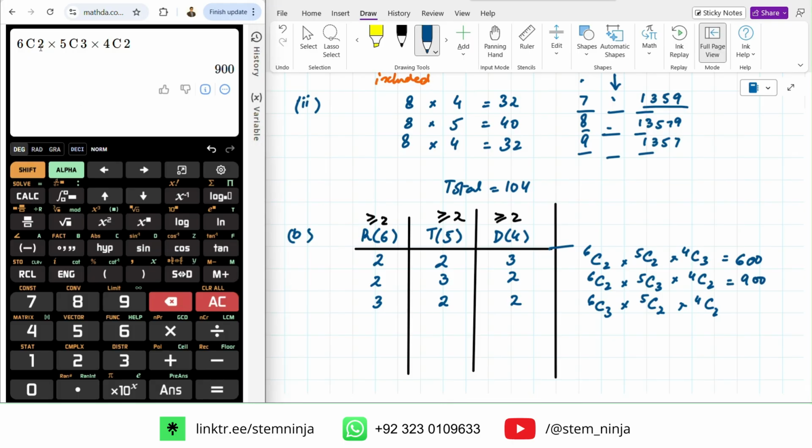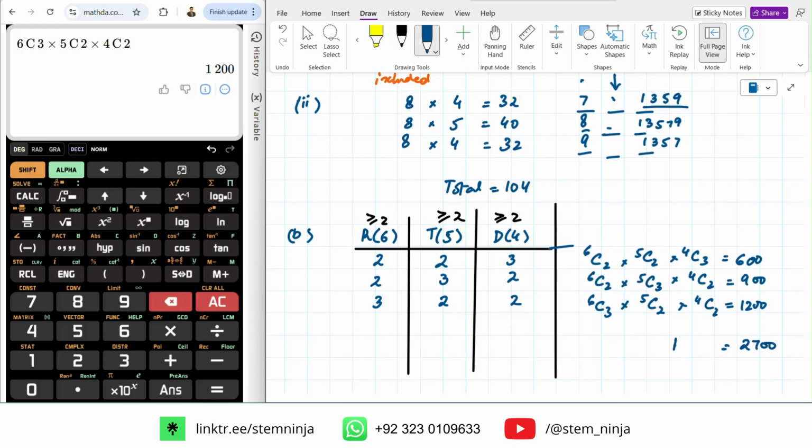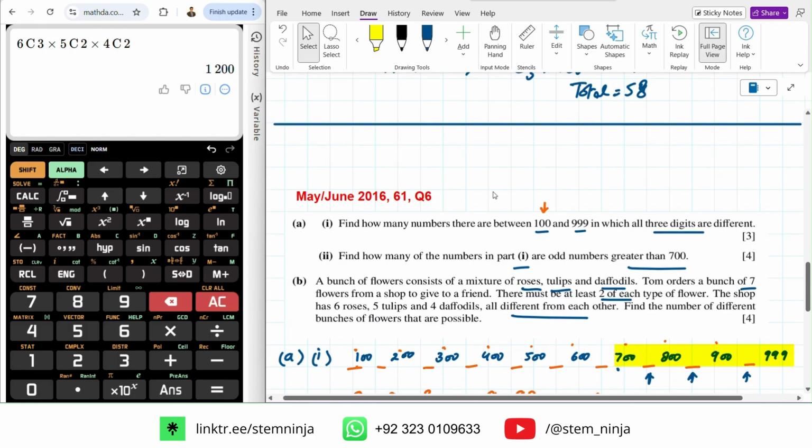Then 6C3, 5C2, this is 1200. So adding them up, that will become 2700. And that's about it. Right, okay, that was quick.